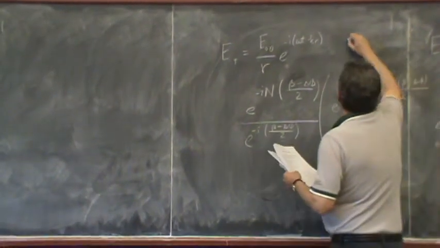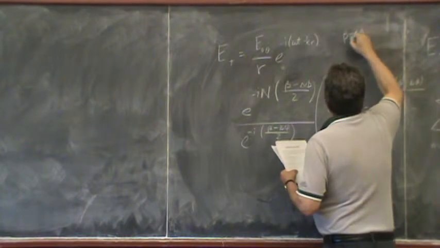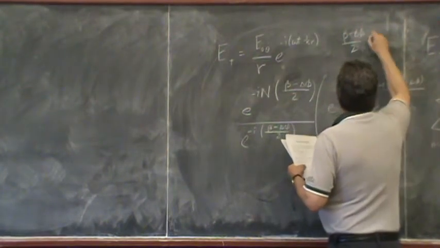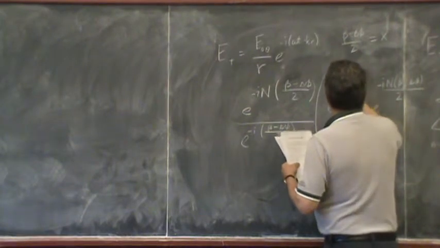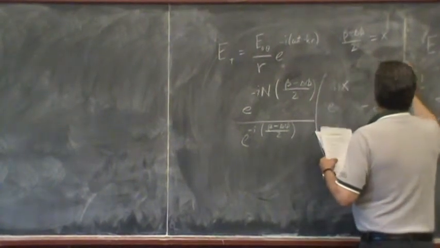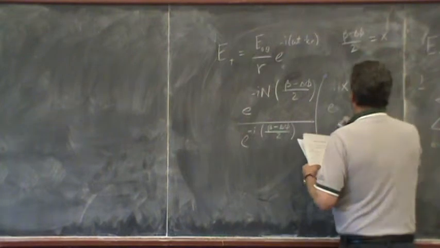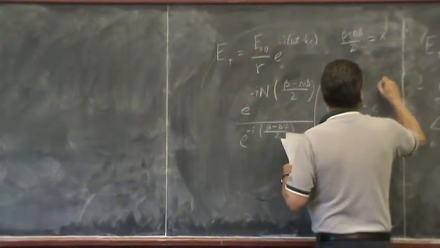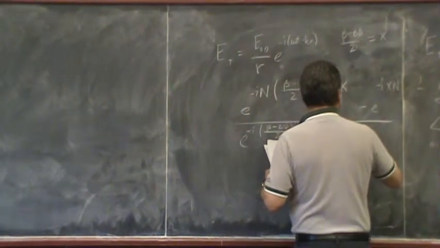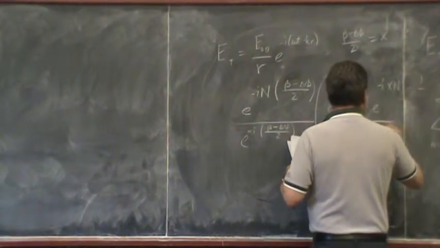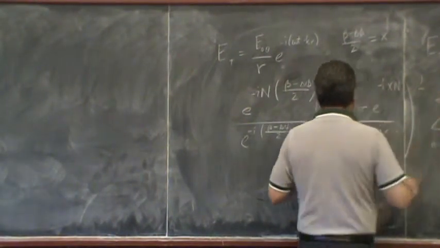Let's call beta minus delta phi over 2 x.